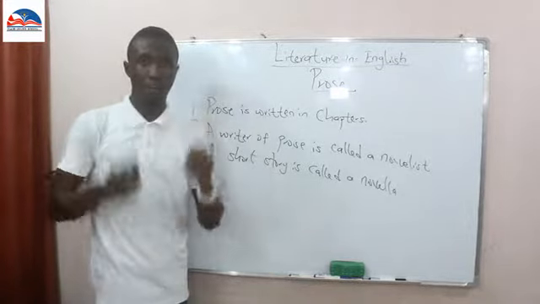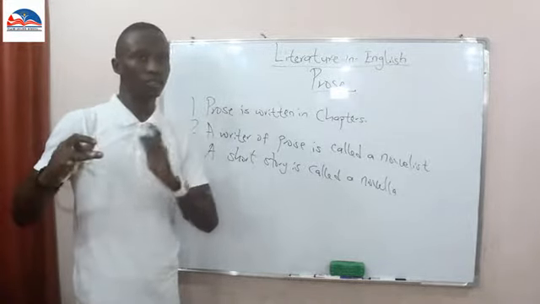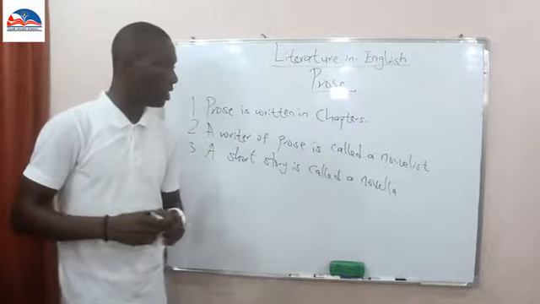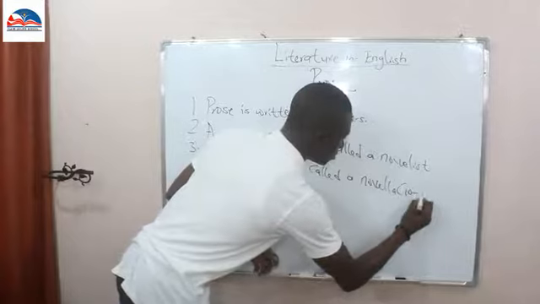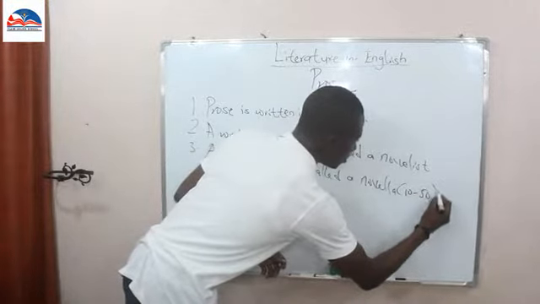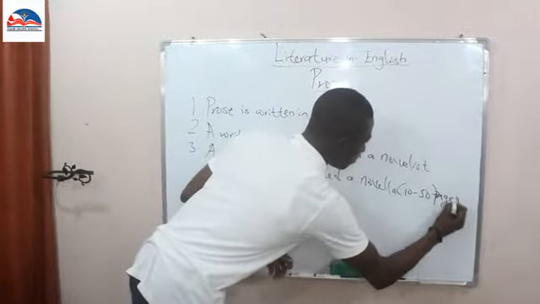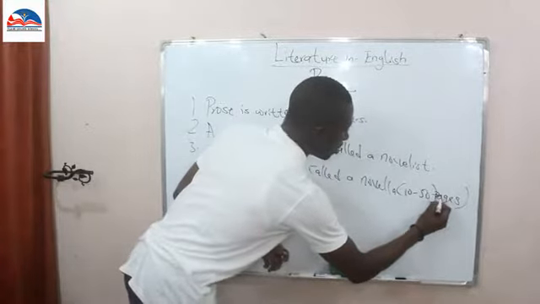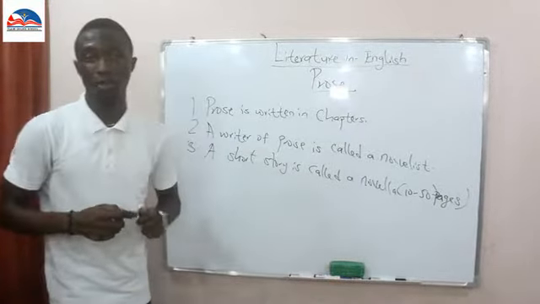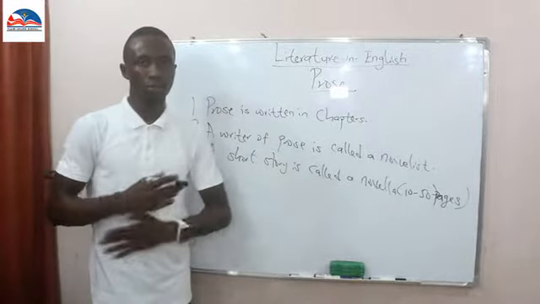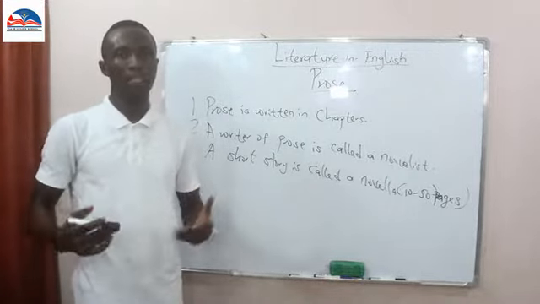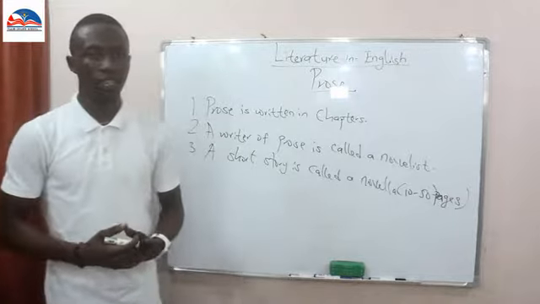It's called a novella, while a full-length novel is called a novel. Now, a novella could be within, let's say, 10 to 50 pages. That's the length of a novella. While from 50, you could have some novels that span over 1,000, 2,000, 3,000 pages, depending on what the novelist wants to write out there.